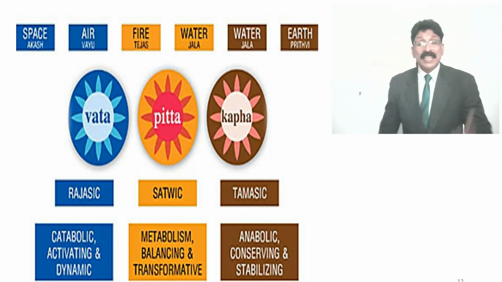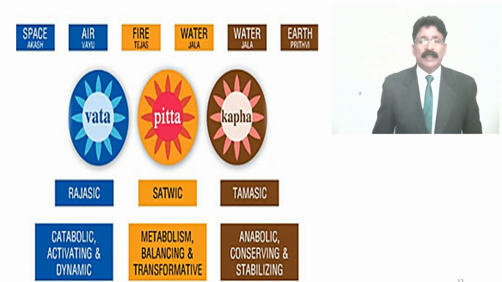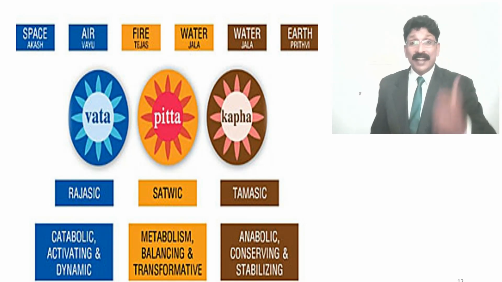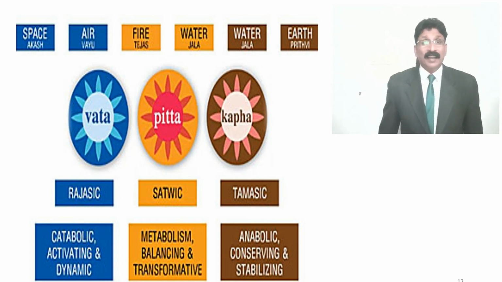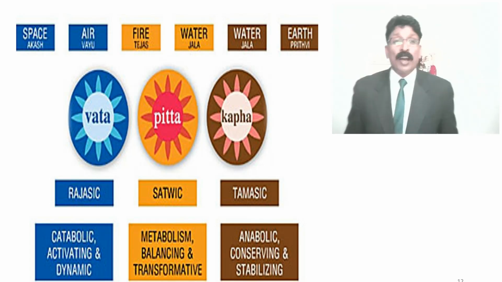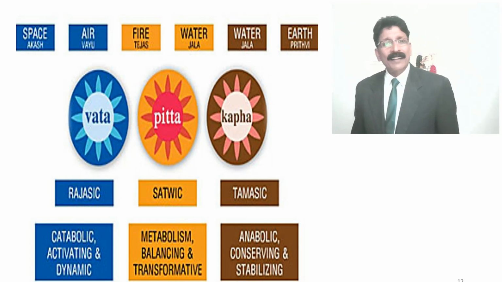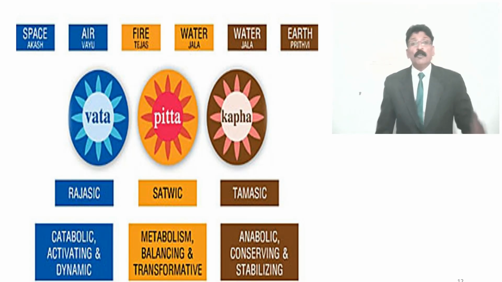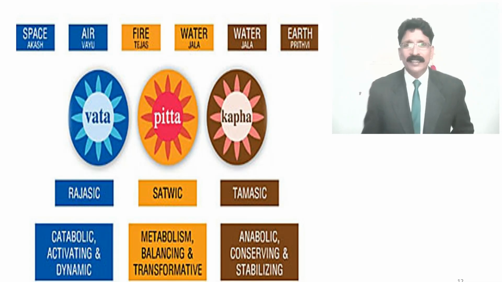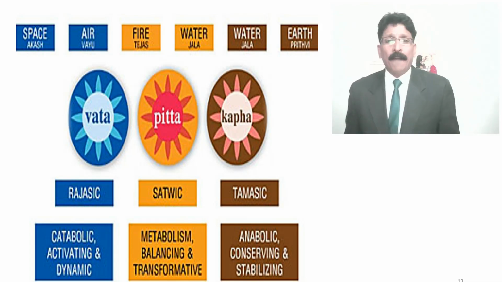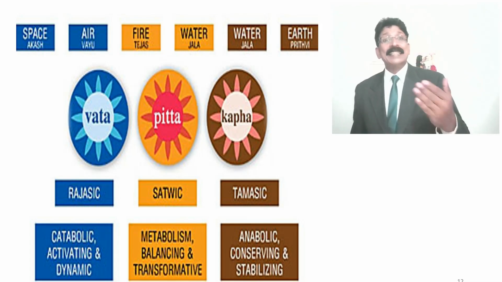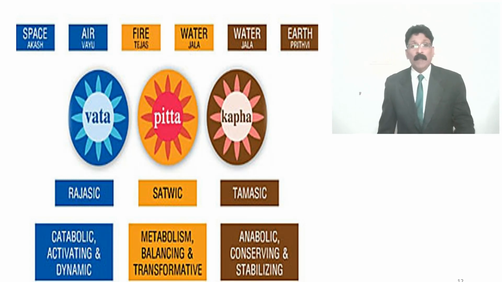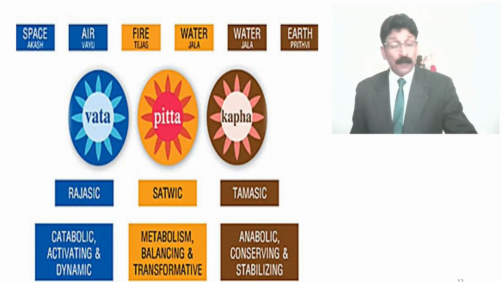So this picture, just to have a conclusion about Ayurveda: you can see space and air, which are connected with the dosa Vata, which is Rajasic, and responsible for catabolic, activating, and dynamic functions. When we come to fire and water, related to Pitta, that is sattvic, metabolism, balancing, transformative.